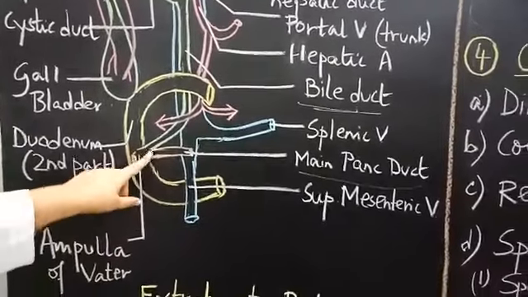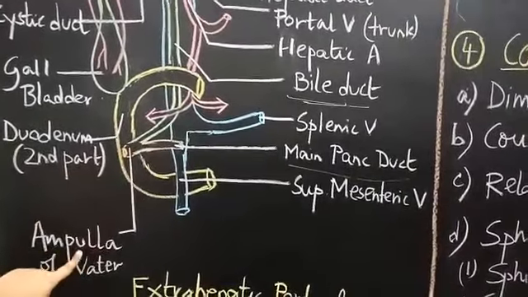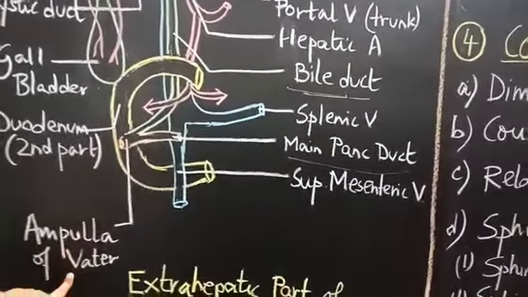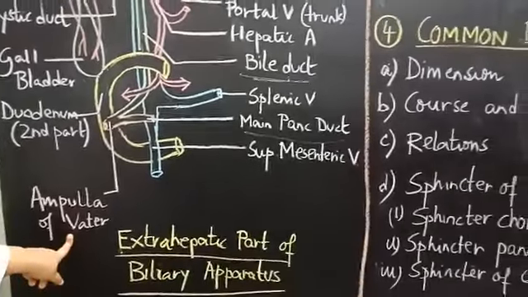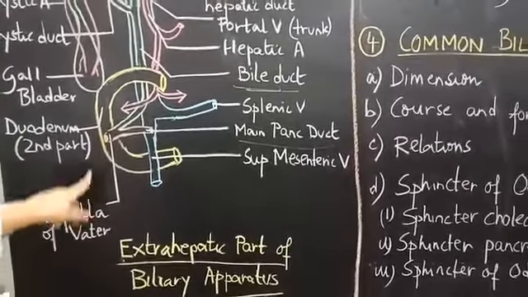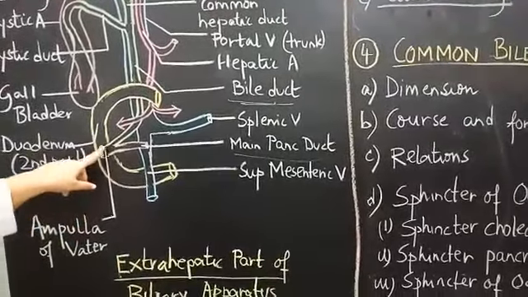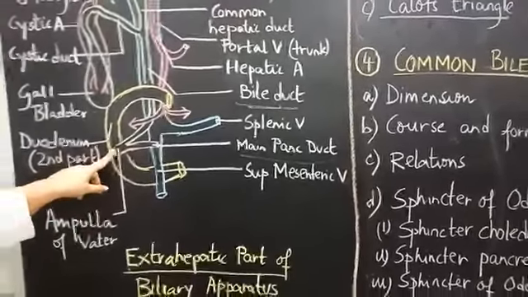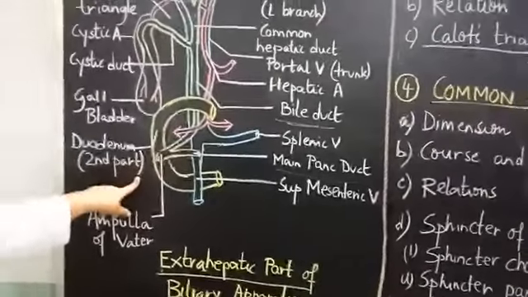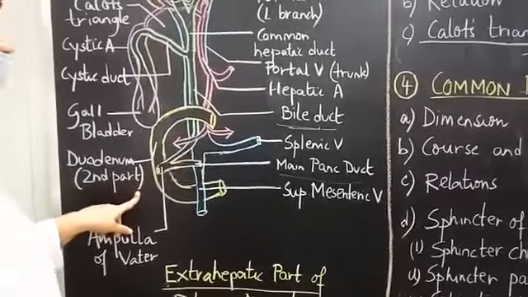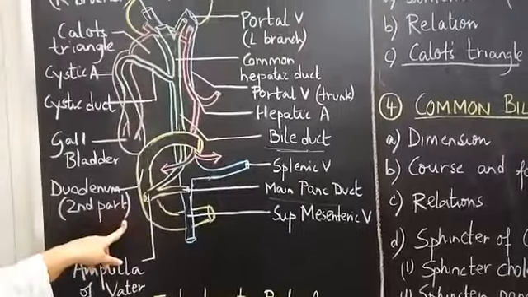After union it forms a dilatation, known as the ampulla of Vater. Actually it opens on the summit of the major duodenal papilla, which is situated about 8 to 10 centimeter distal to the pylorus.